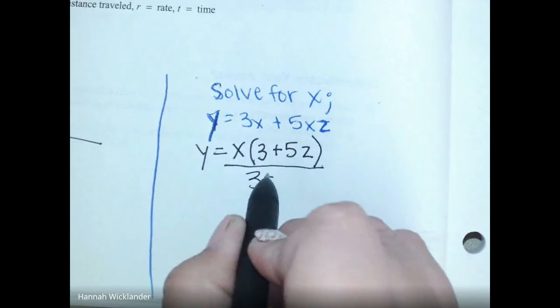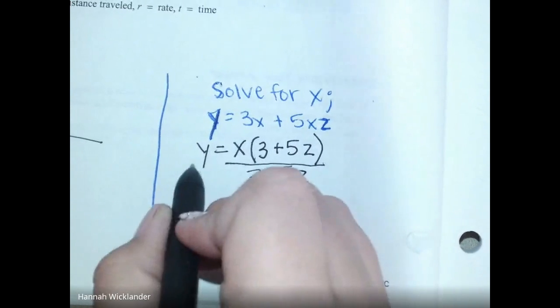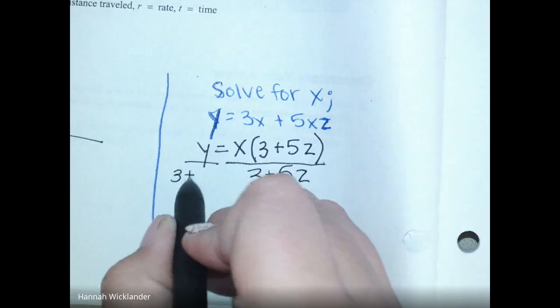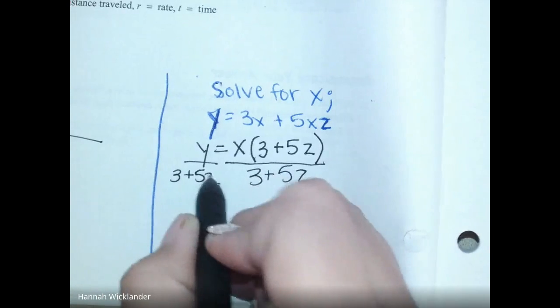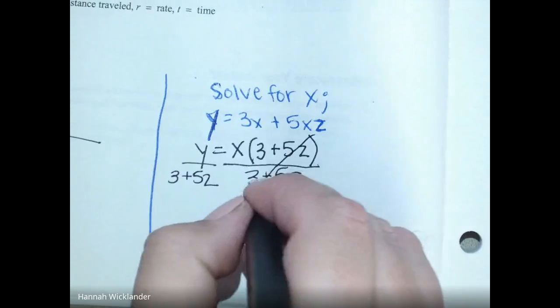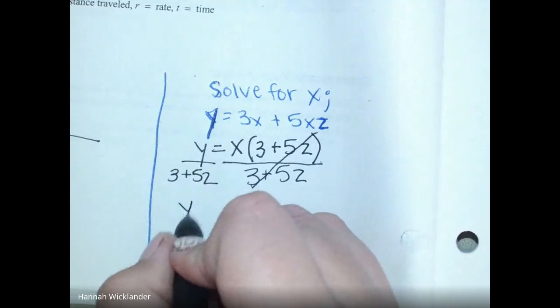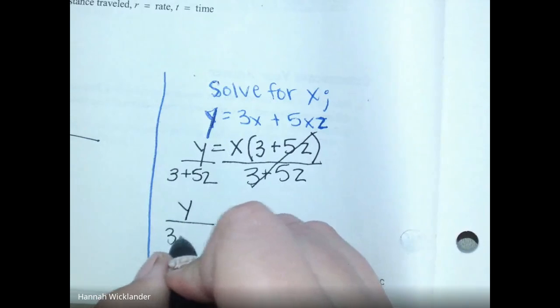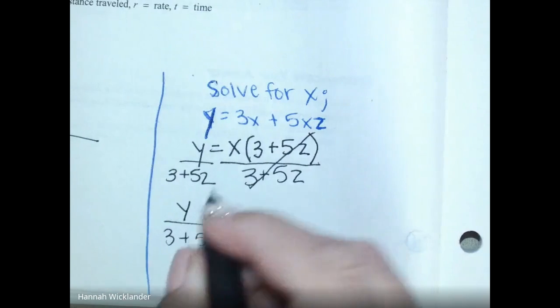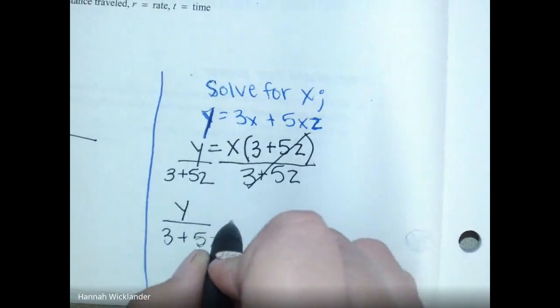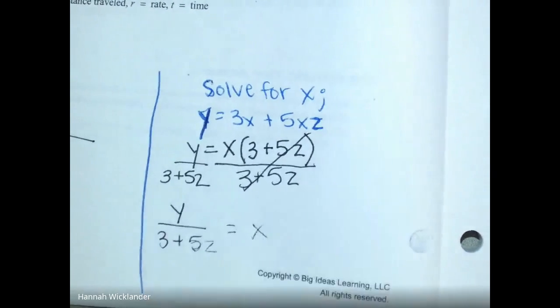So I'm going to divide by 3 plus 5z on both sides. And now those will cancel, and I'll be left with y divided by 3 plus 5z equals x.